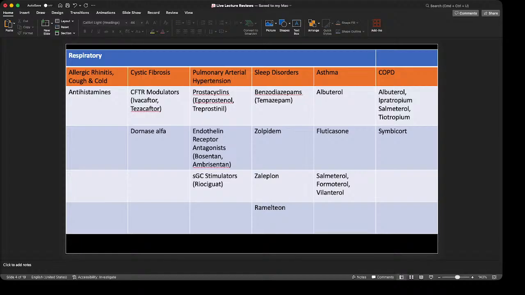Also, the number one reason why COPD would occur is smoking. So keep that in mind too.